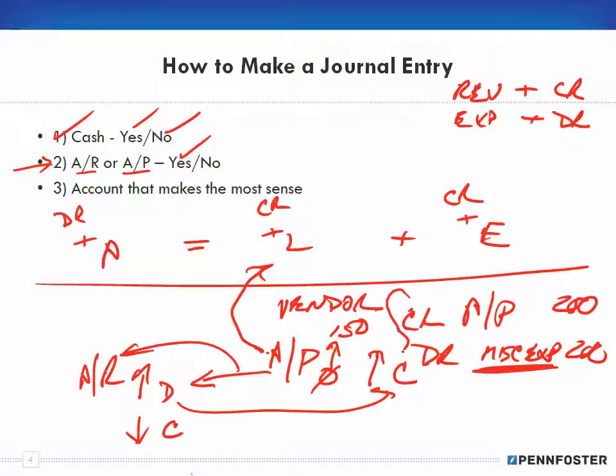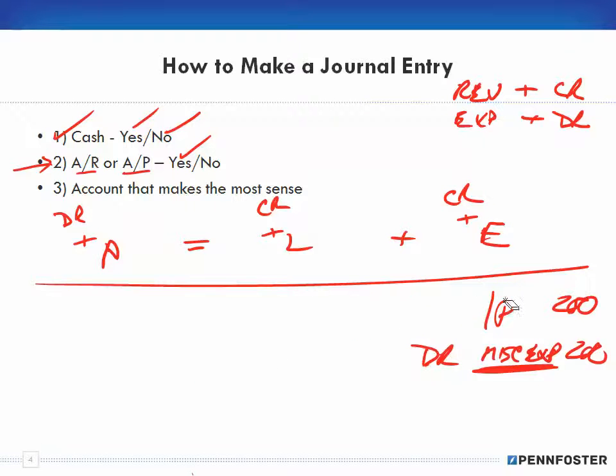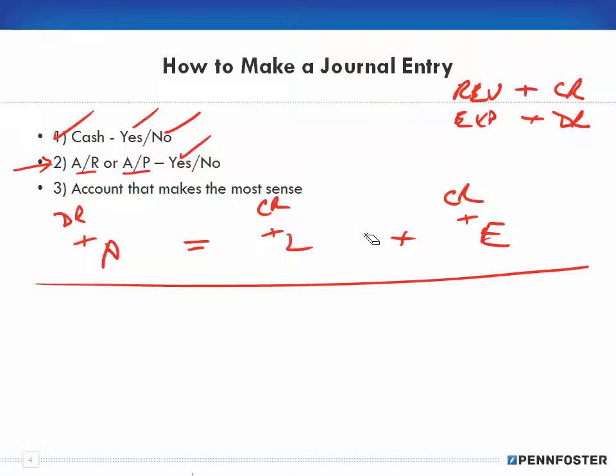So you've gone through and we've asked ourselves these first two questions. Am I affecting cash? No. Then I ask, am I affecting accounts payable or accounts receivable?